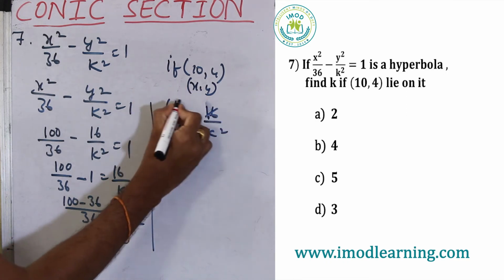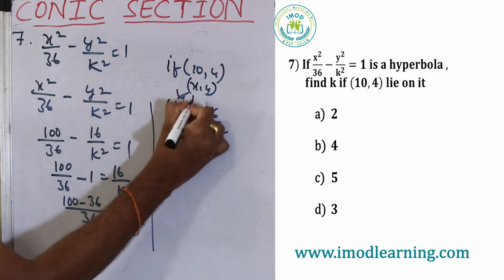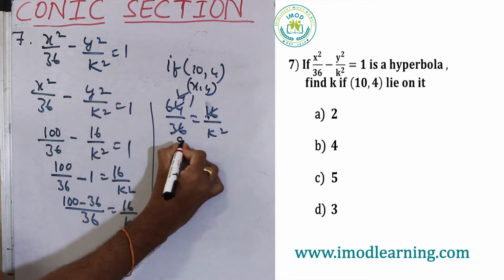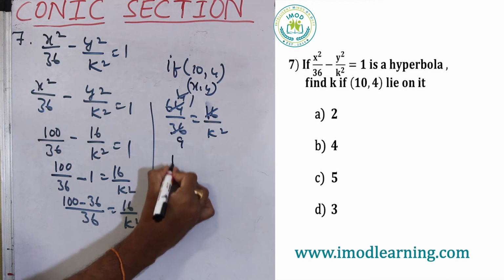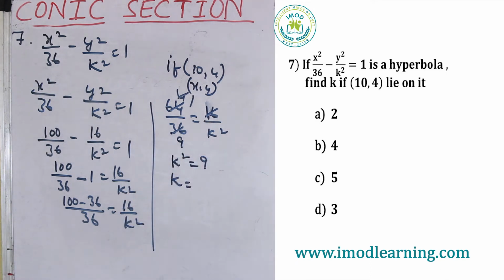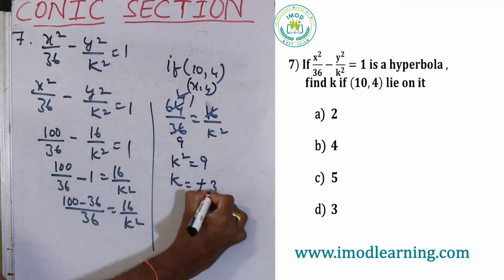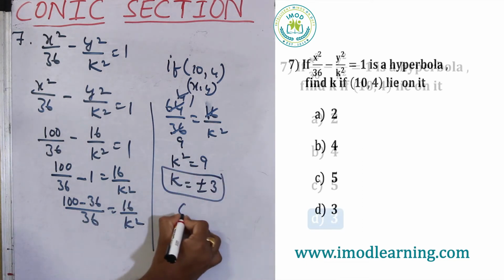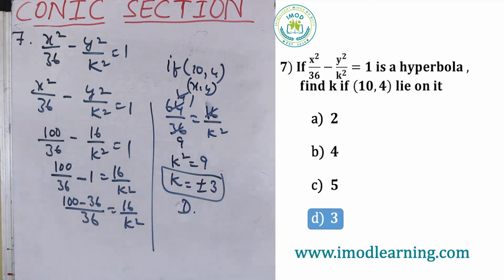So 16 ones are 16, 4 fours are 4, ones are 4, 9s are... take the reciprocal on both sides, which goes to k square equal to 9, or k is equal to plus or minus 3. Option D.